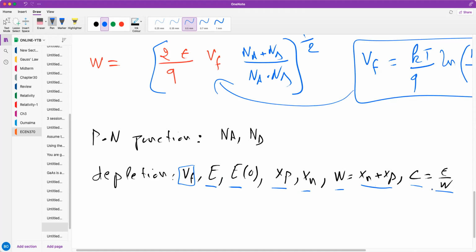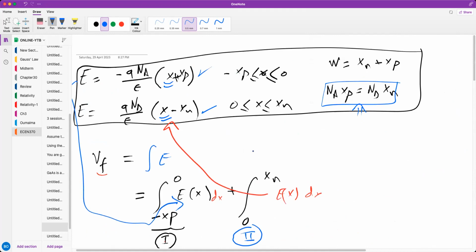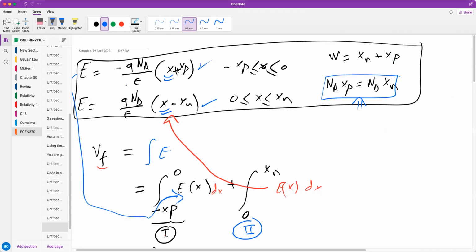I might ask you to demonstrate the electric field expression, those 2 ones. This one. Okay, so let me go for an example.